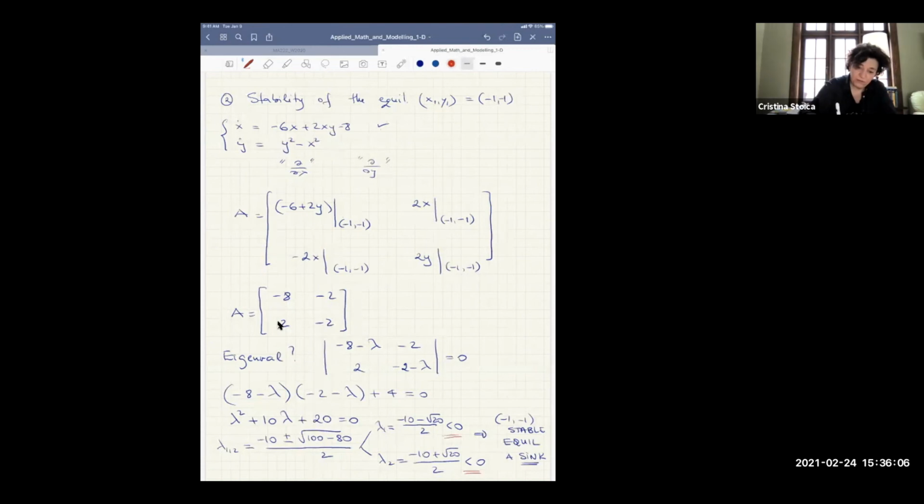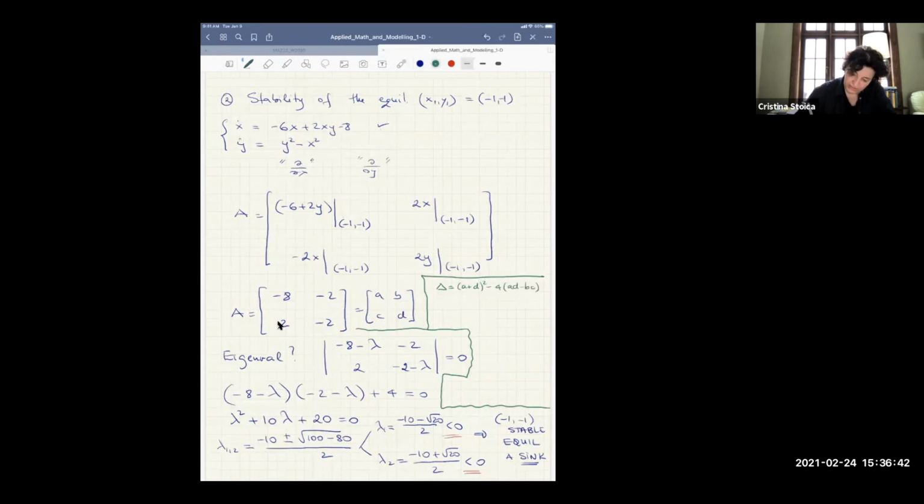However, if you want to use the table as is done in the book, one should identify that this is actually A, B, C, D. And then what you do is compute delta, which is A plus D squared minus 4 times AD minus BC.